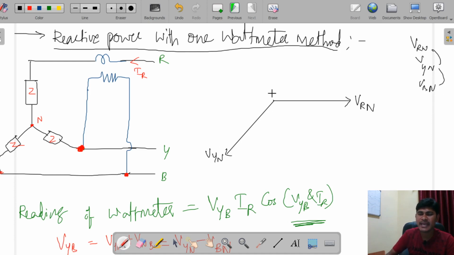VBN lags VYN by an angle of 120 degrees, right? So this will be VBN.